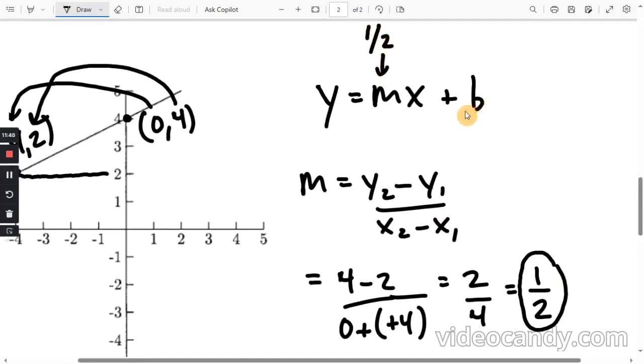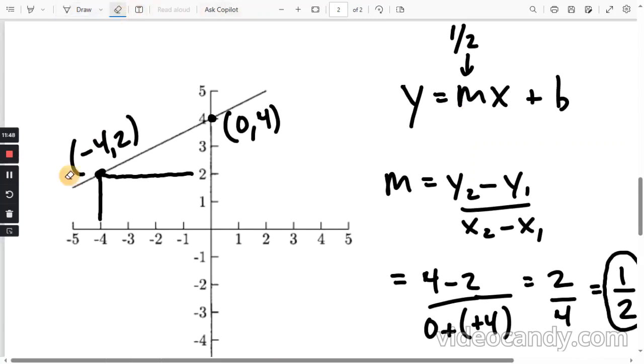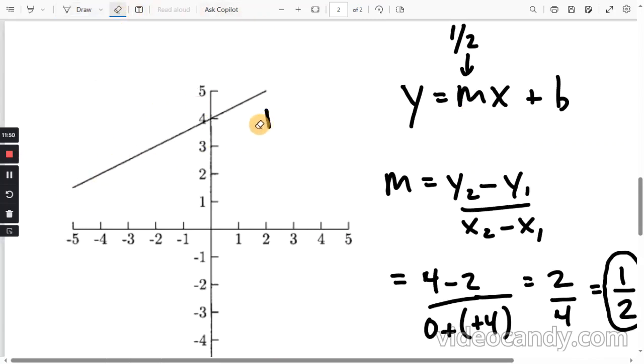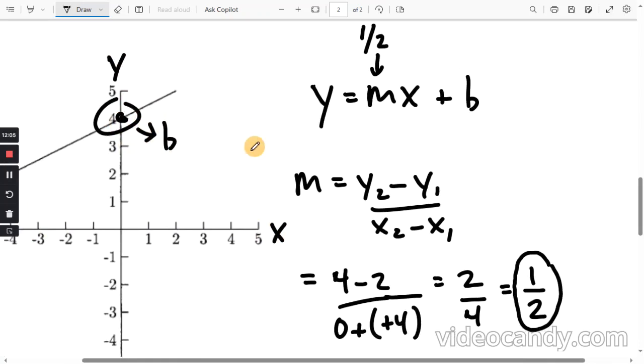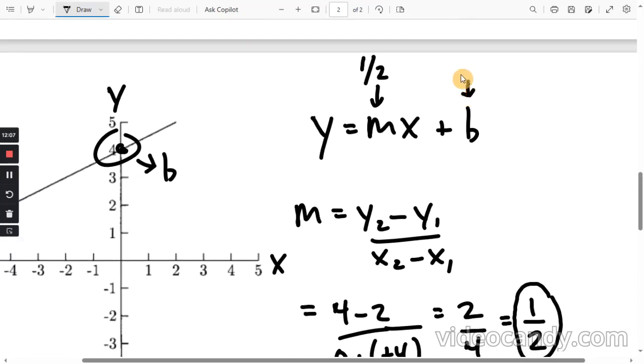B is the y-intercept, and we know that is where the line crosses the y-axis. All right, this right here is your y-axis. This right here is your x-axis. So that point is your B, right on the y-axis. That's going to be 4.